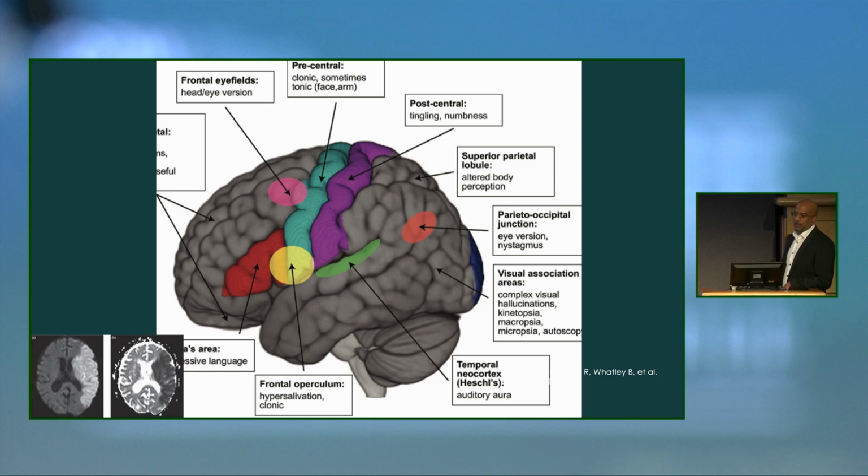It could start in your thumb and then progress to the arm and then the face. That would be a suggestion of a seizure. Anterior to that is the frontal eye field, which controls conjugate gaze to one side or the other, and we'll go through that shortly.